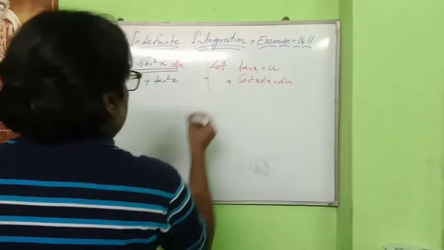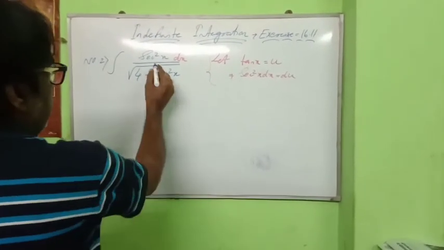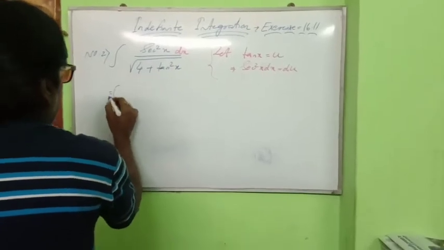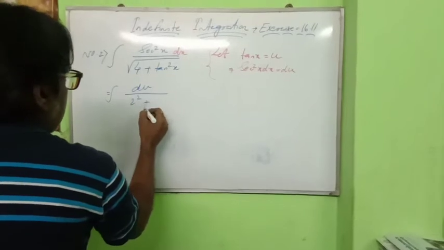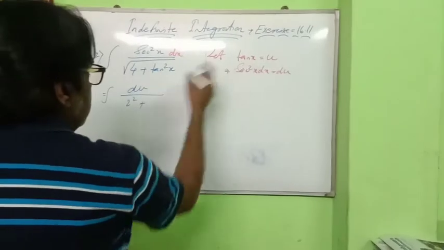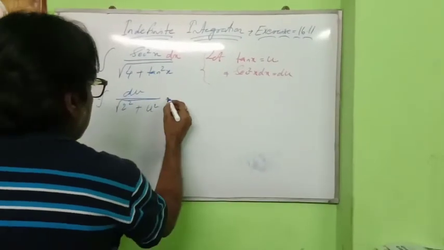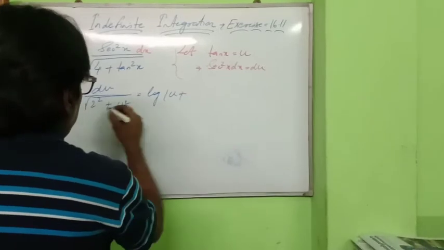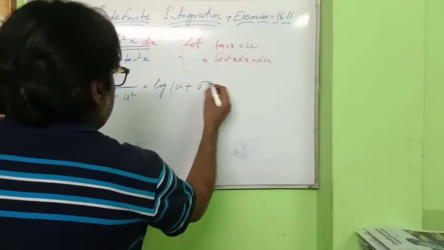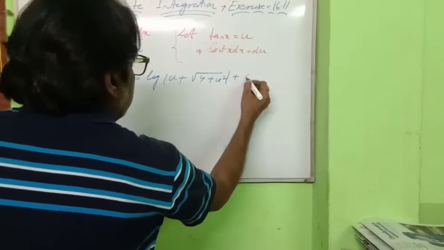Now you put the value of sec square x dx. Sec square x dx is what? That is du. 4 means 2 whole square. Tan square means tan x is u, that is u square, root over. What is the formula? That is log u plus what is written in the root over, that is 4 plus u square, mod plus c.